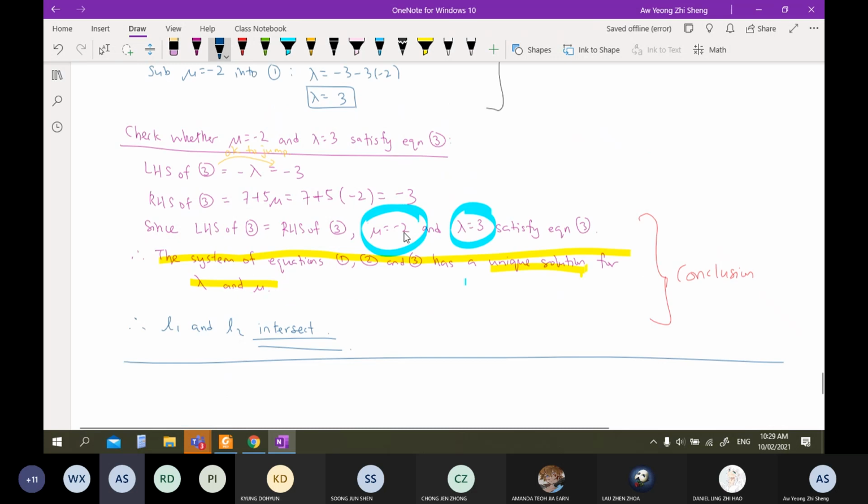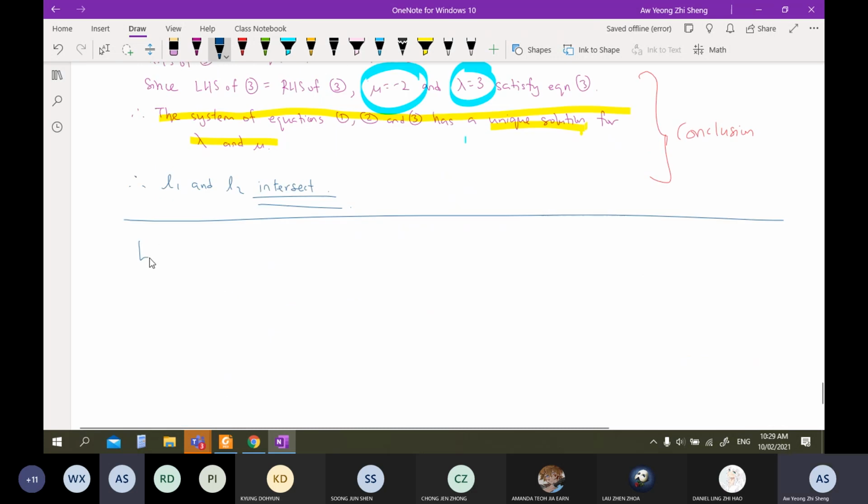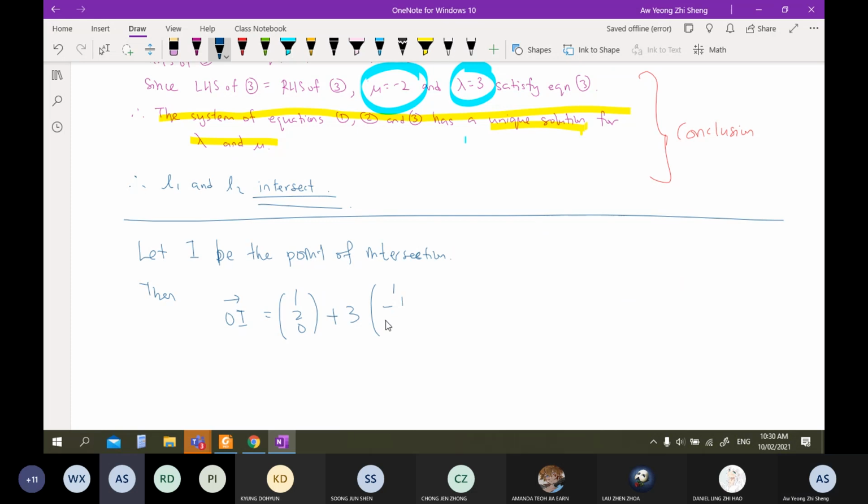Okay. They didn't name the point of intersection, so I call it I. Let I be the point of intersection. Then OI will be equal to, here I'm using the equation of L1, (1, 2, 0) plus lambda, which is 3, times (1, -1, -1).